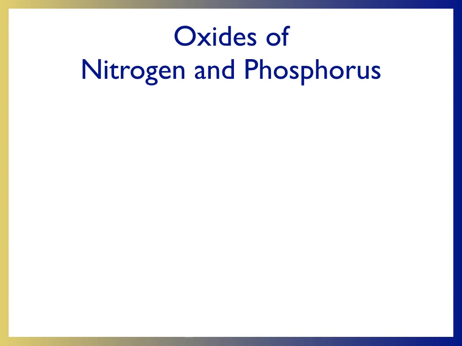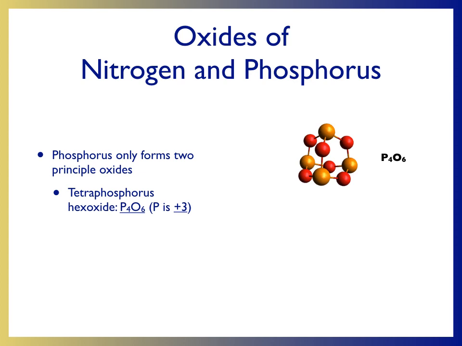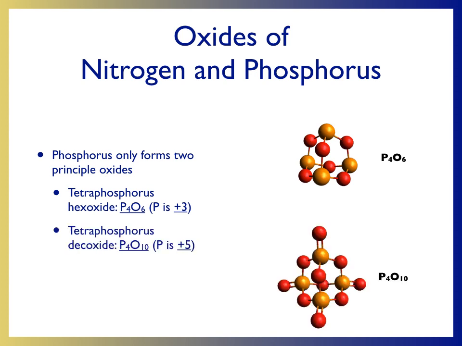However, if we look at phosphorus, there are only two principal oxides of phosphorus. There's tetraphosphorus hexoxide, P4O6, where phosphorus is in the +3 oxidation state, and tetraphosphorus decoxide, P4O10, where phosphorus is in the +5 oxidation state.